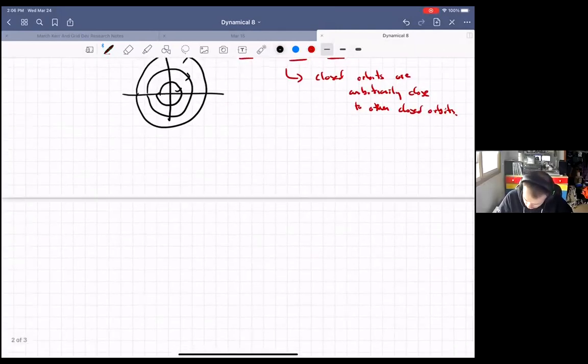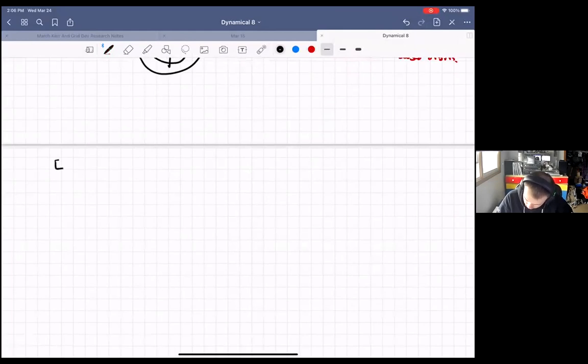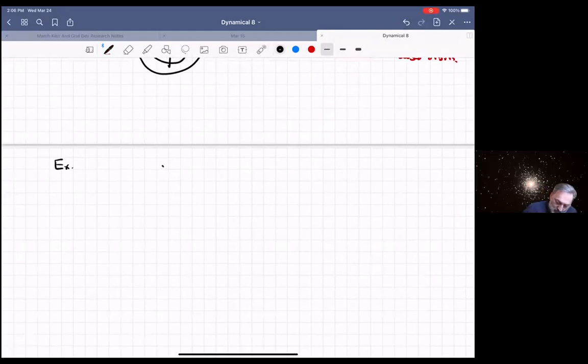So for example, if I work in r theta coordinates, I could do r dot is r times 1 minus r squared, and theta dot is 1. So theta dot is 1 means I'm going to go counterclockwise at a constant rate.